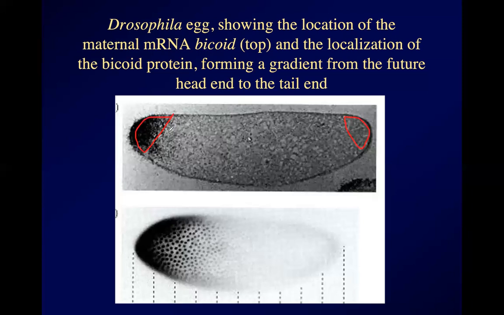Well, as the embryo develops, the embryo's own cells begin translating this maternal messenger RNA into a protein called bicoid. And here below, this is a more mature embryo, and you can see that the bicoid is concentrated at the head and fades out as you go from head to tail.